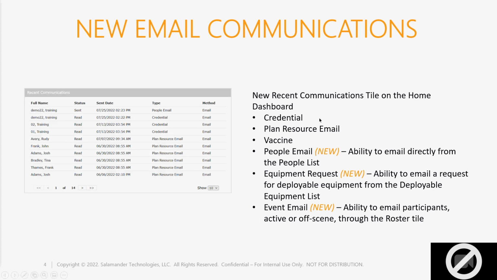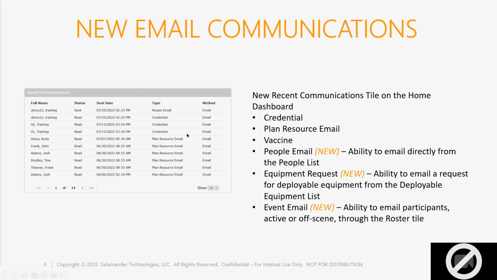You can see here these are all the different types of communications that you would see within this recent communications tile. A lot of these you guys are familiar with already. A credential, as you know, you have the ability to email a credential out to people. That would pop up on here as those are sent out. If you have the plans feature, you know that there is an option for you to send the plan details to all the people that are planned for that event.